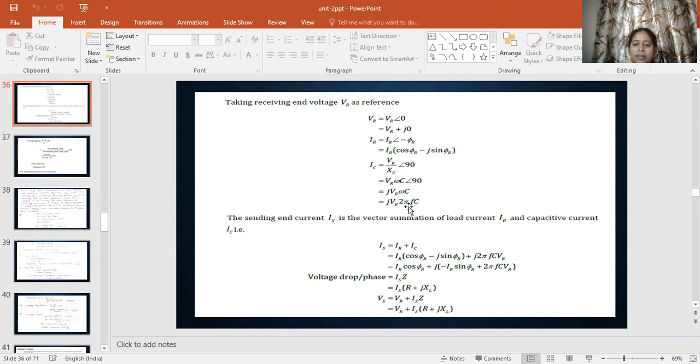Here 2 pi FC is omega, and the susceptance is omega C. The representation for the susceptance value is Y. Here we can directly write j VR into Y.